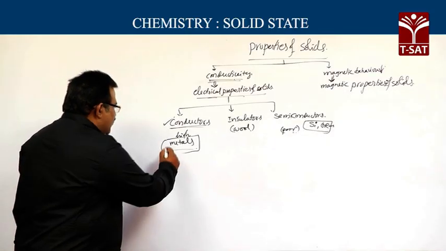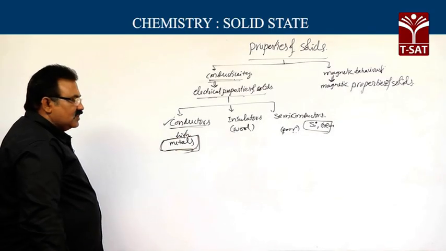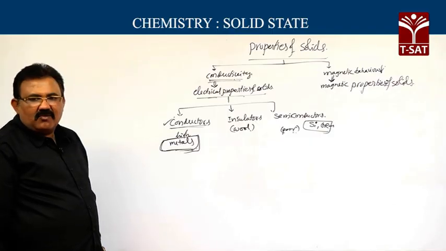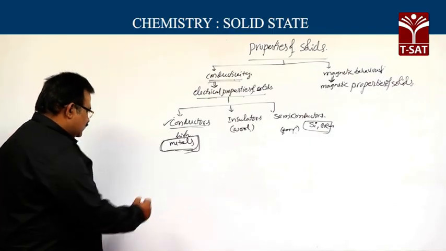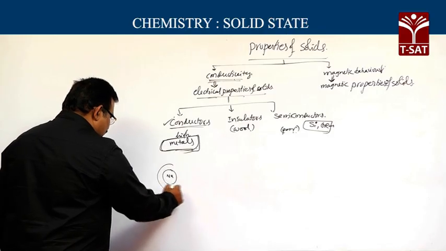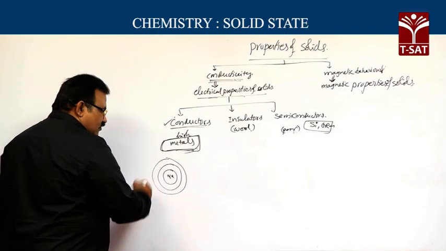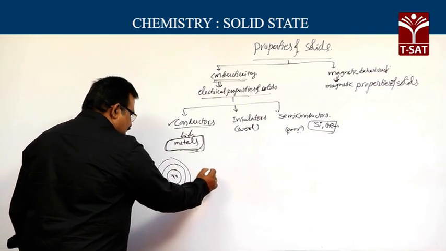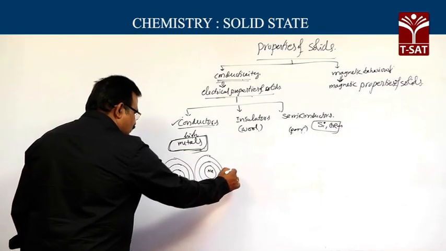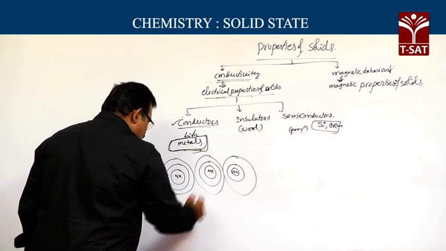So, let us see why metals are good conductors. You take silver, copper, gold, or you take sodium. Sodium metal has different electrons in different energy levels. This is one sodium atom, this is another sodium atom, this is another sodium atom.